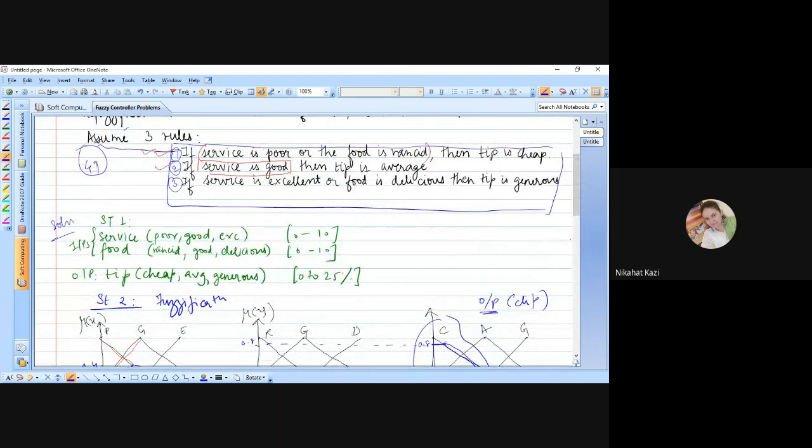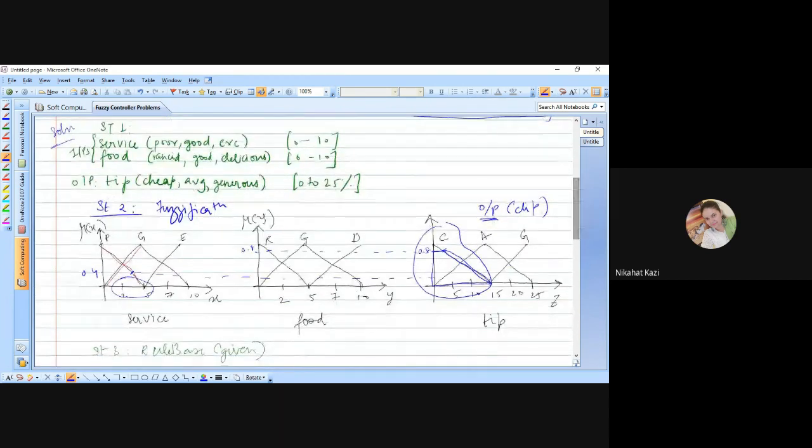So that service quality good is this particular point where we got. Suppose this is 0.6, right? Are you getting it? This was 3. 3 was cutting poor at 0.4. It was cutting good at 0.6, right?